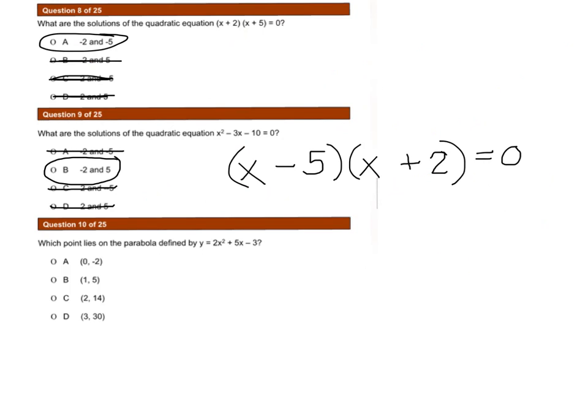Lastly, number 10, which point lies on the parabola defined by y equals 2x squared plus 5x minus 3? Well, similar to a problem on the previous slide, we have to plug in numbers in order to figure out which one solves correctly or which one will simplify correctly.